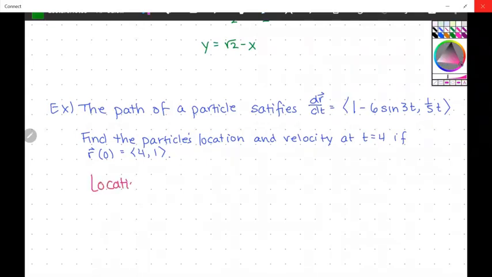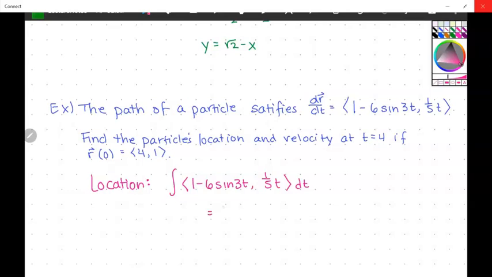So for the location, we're first going to integrate 1 minus 6 sine 3t, 1/5 t. I think we can do this without splitting it up.